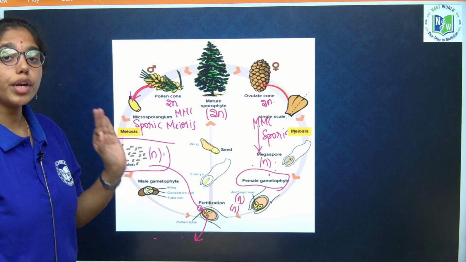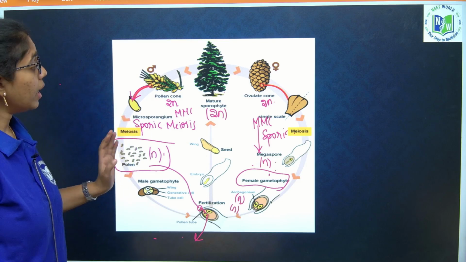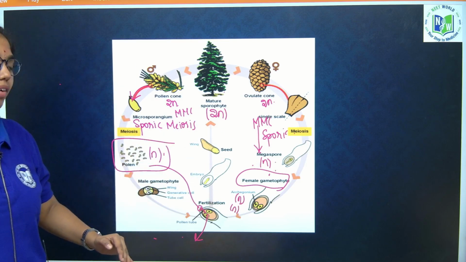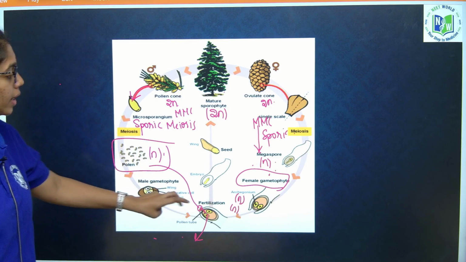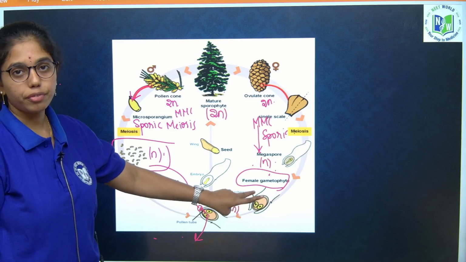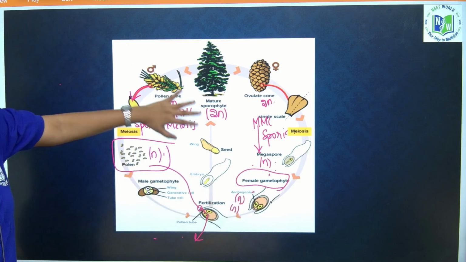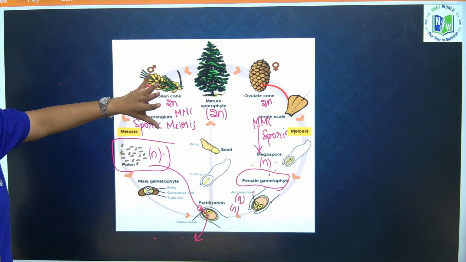So if you look into the life cycle clearly, where do you find the haploid phases? Only in the pollen grain and only in the female gametophyte. Rest all the phases of the life cycle are diploid.